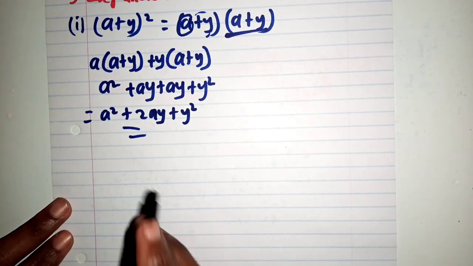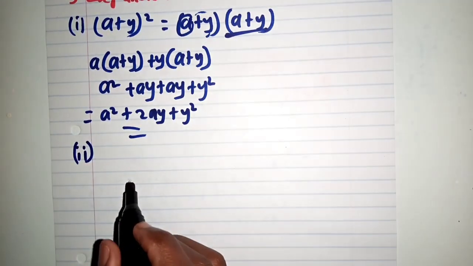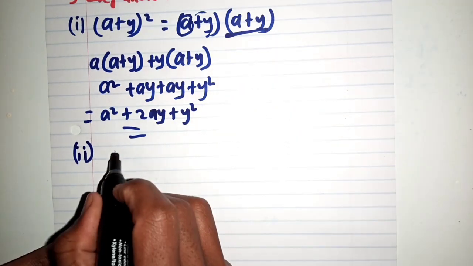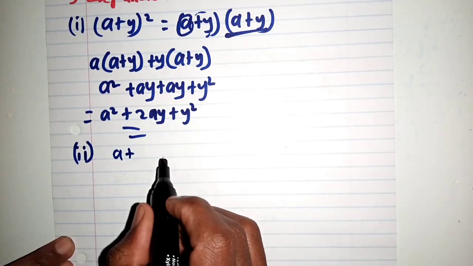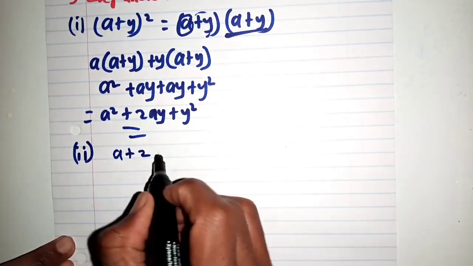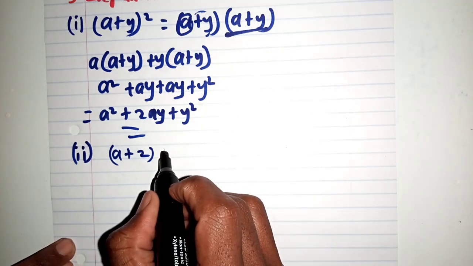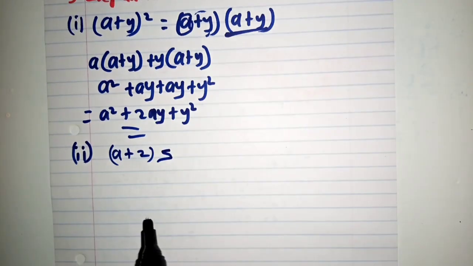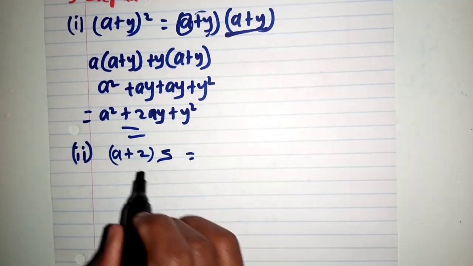Let's look at another example. Example 2, which in this case is going to be, let's say, a plus z, like that, then we have 5. So what is the answer here?